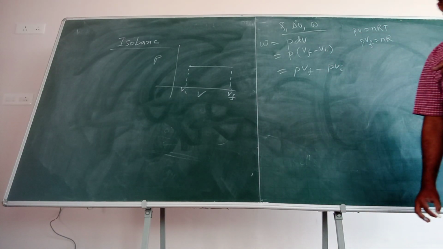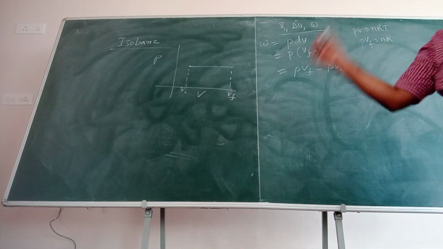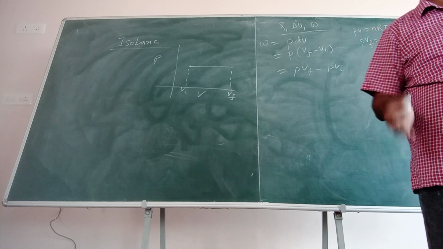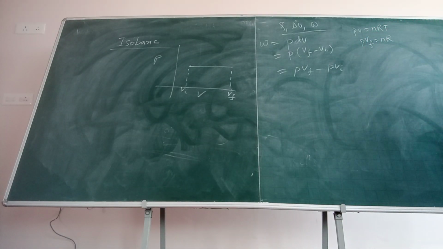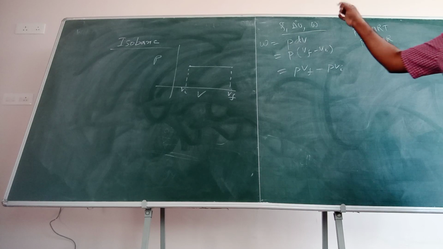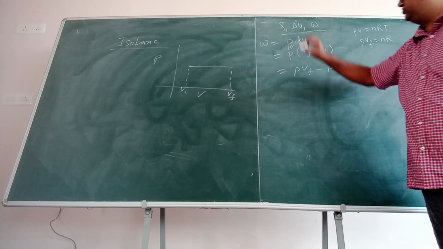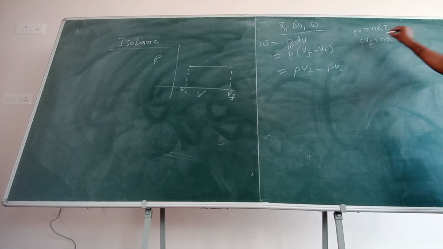Either you make pressure constant, or temperature constant, or volume constant. Suppose you make temperature and pressure both constant, what is the point in studying volume? It will be constant only, no? Getting my point? You have to make only one thing constant. So here you have made pressure constant, isobaric. This P is constant, but temperature is not constant.